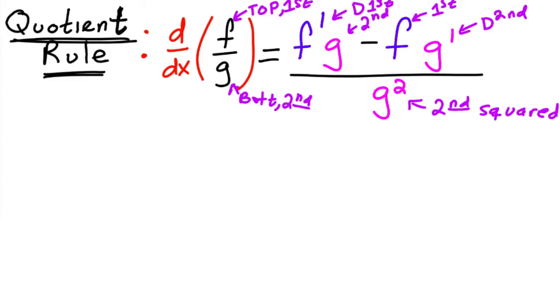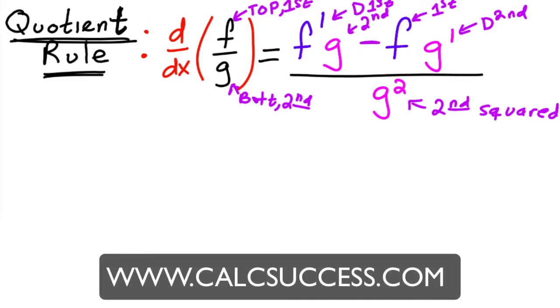In the product rule, it doesn't matter if you change the order, but because we're subtracting in this case, it does matter which one goes first. If you remember to always get the derivative of the top or the first, you'll never mix them up.